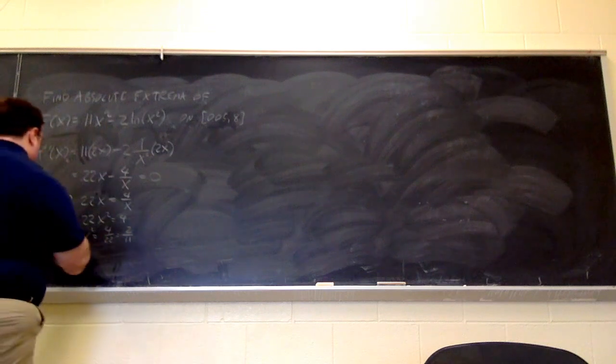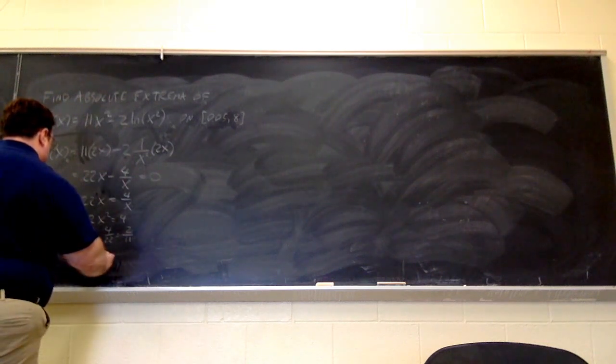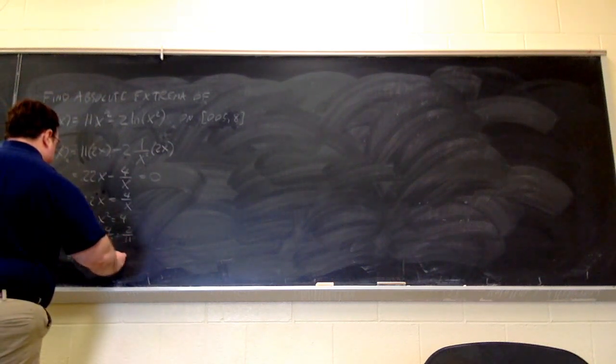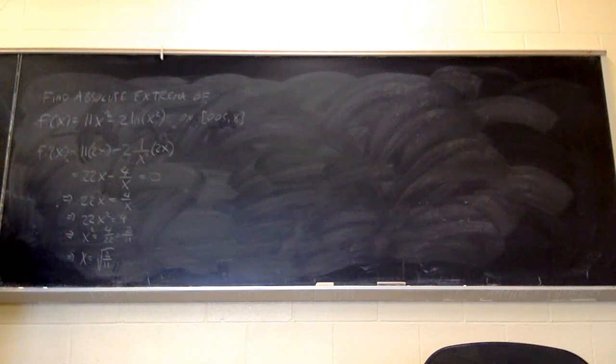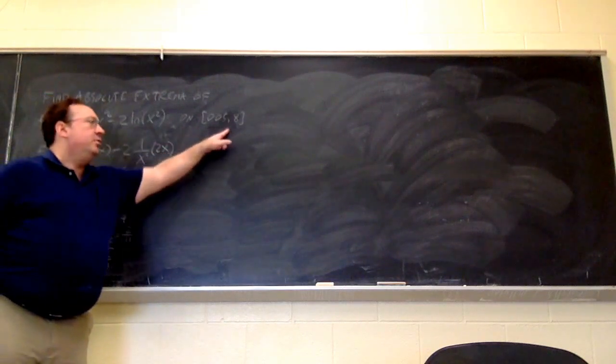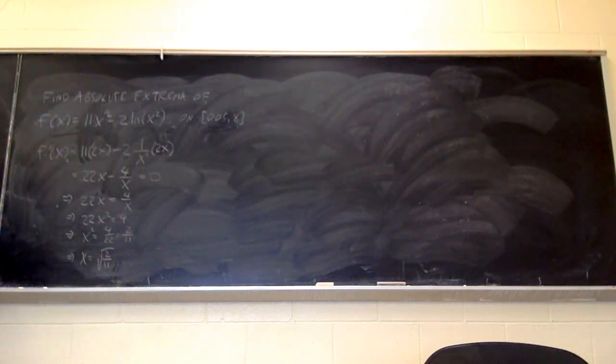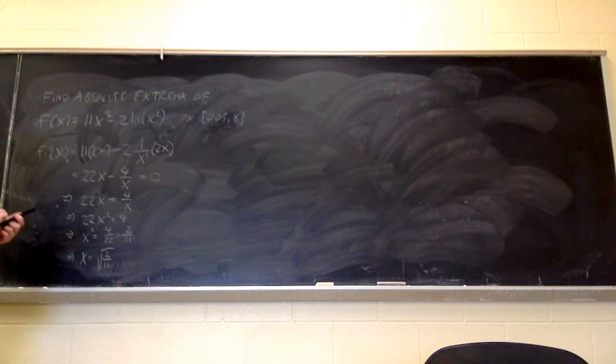So therefore, x is equal to the square root of 2 over 11. Now, really x is plus or minus the square root of 2 over 11. I'm going to ignore the negative square root, because that is not in the interval. I only want to consider critical points that are actually in the interval in question. But now I need to make sure that the positive square root is in the interval.